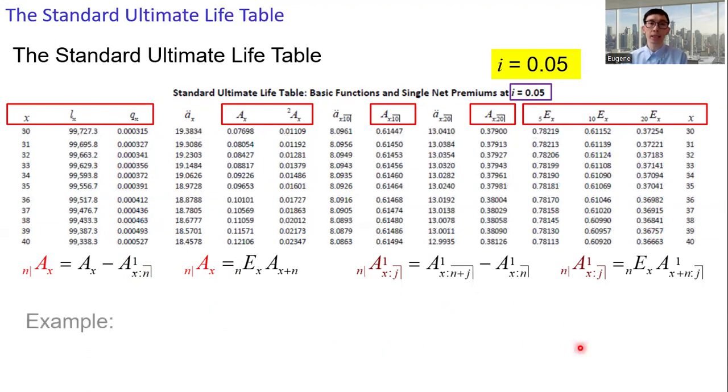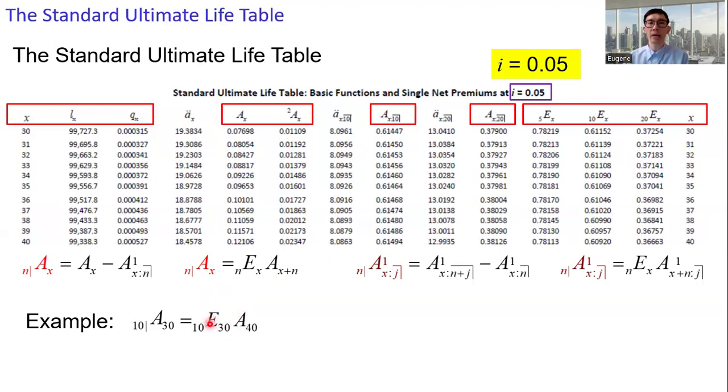Let's take a look at another example. Suppose we want to get the value for 10|A30, the 10-year deferred insurance on age 30. Use the same expression here. This equals 10E30 times A40.